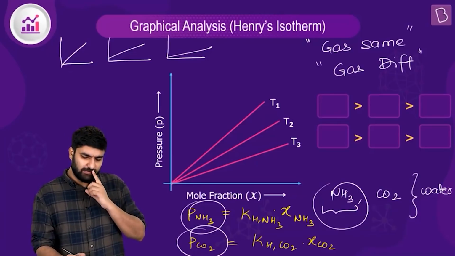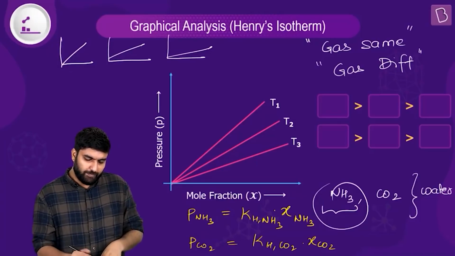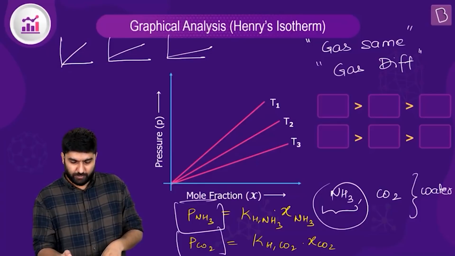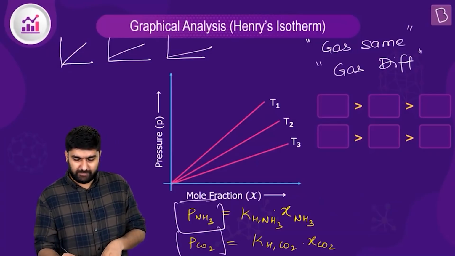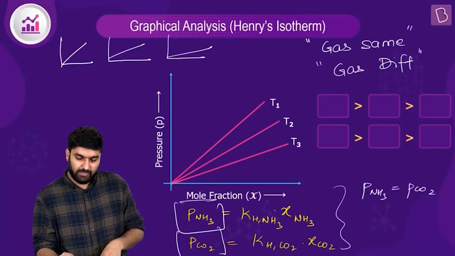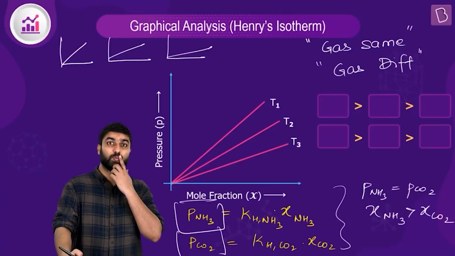So my point is, if the partial pressure of NH3 is the same as the partial pressure of CO2, we can easily say that for that condition, the solubility of NH3 will be more than the solubility of CO2.